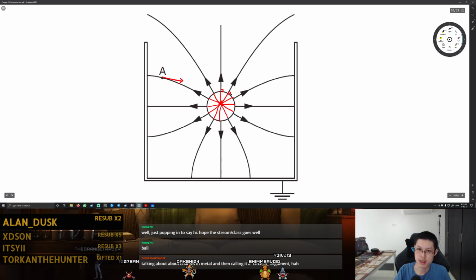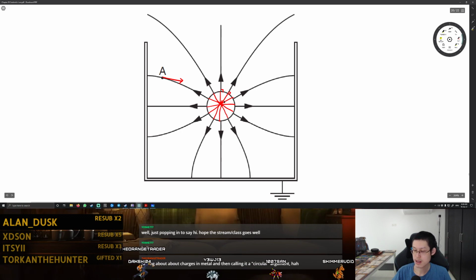So the force should be tangent to that point, not pointing towards the center. That's a very common mistake that people make. They draw the force such that it points towards the center, but it doesn't have to point towards the center. You just have to draw it so that it is tangent at that point.